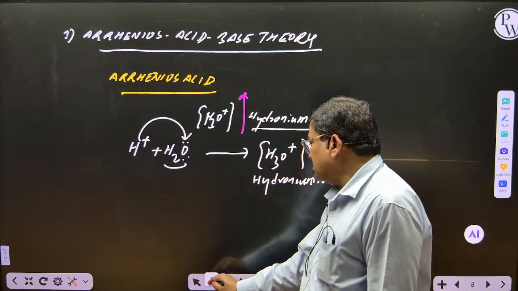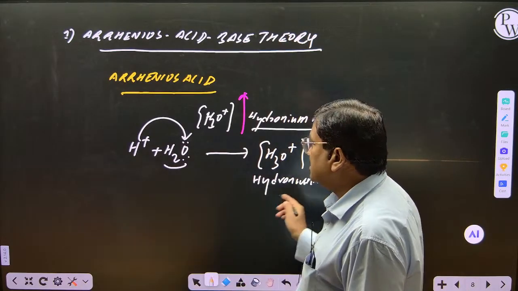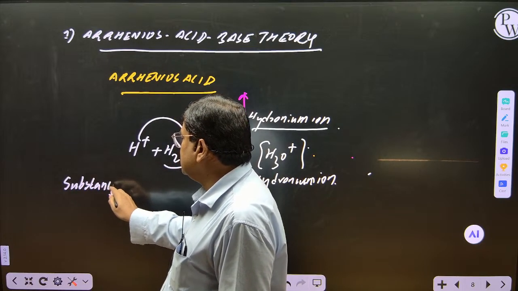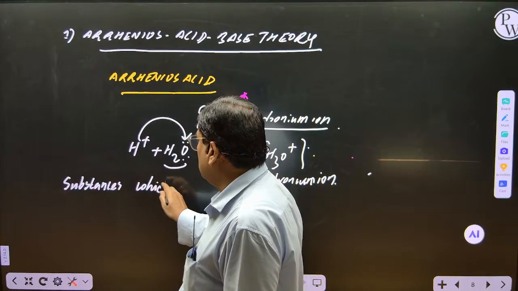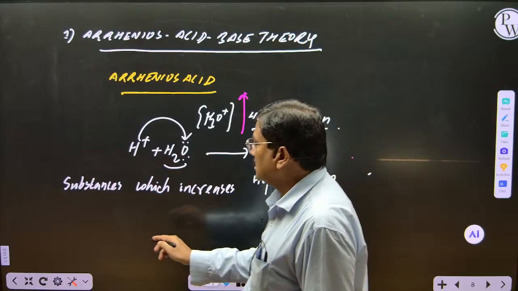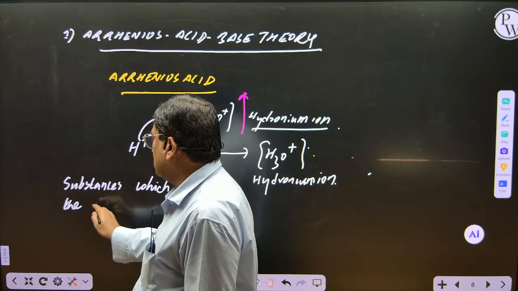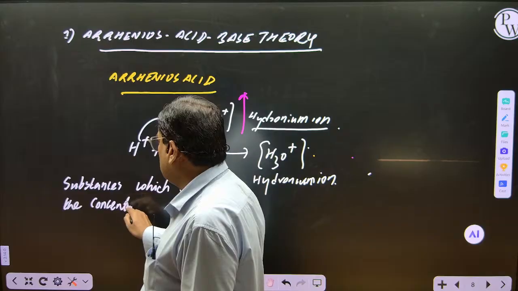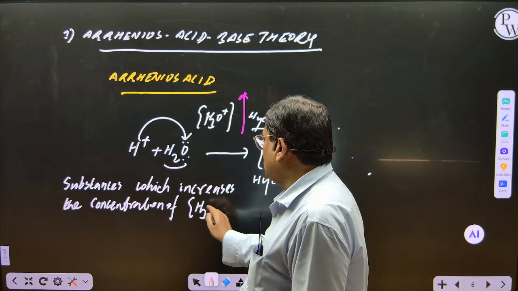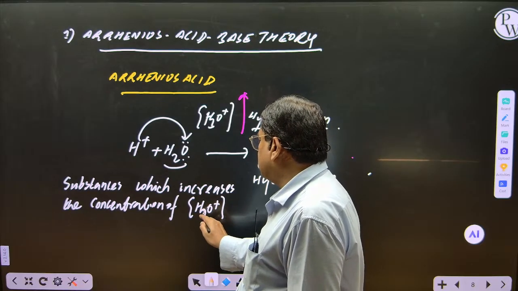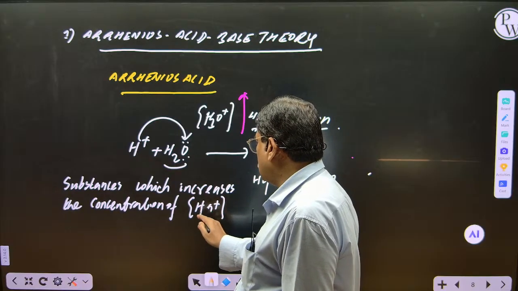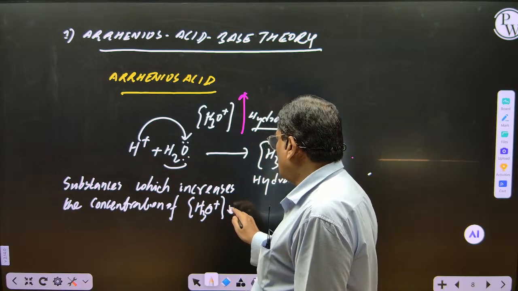So write the definition: substances which increase the concentration of hydronium ion, H3O+, in what medium, students?